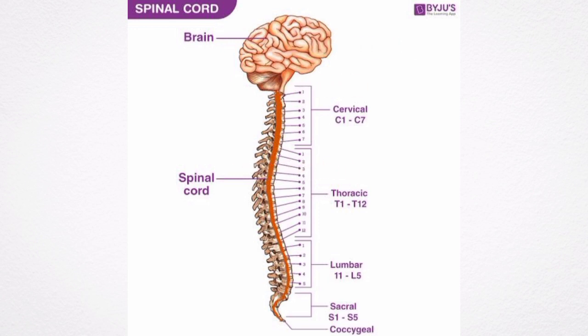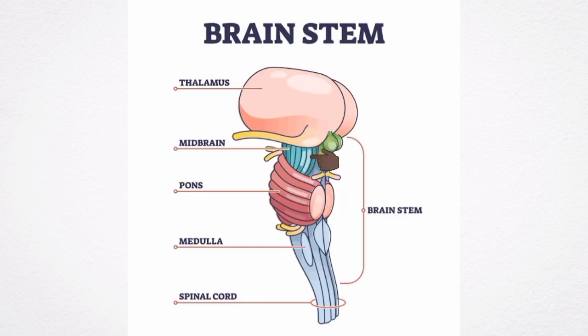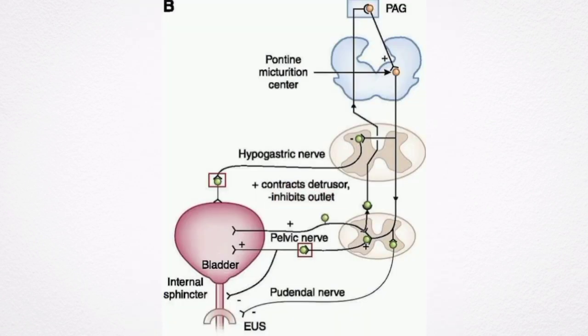The brainstem is made up of the mesencephalon or the midbrain, the pons, and the medulla. The most important structure in the brainstem that is involved in micturition is the pons. The pons is actually where the micturition center is located.